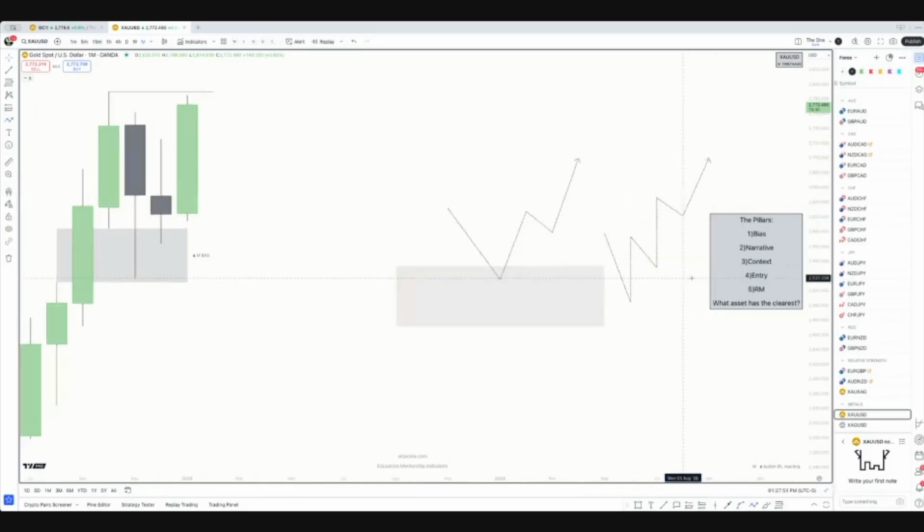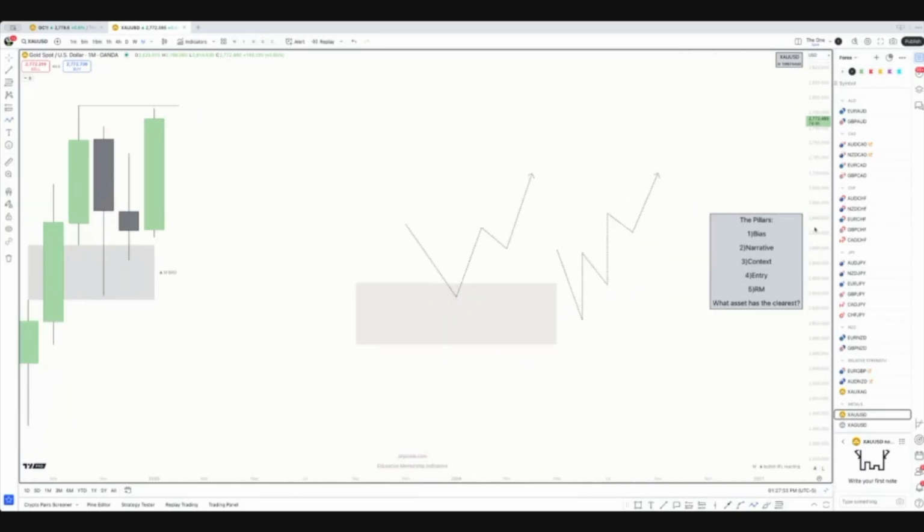What I would do is simply whichever forms first, I'm taking. There are scenarios where the 4-hour fair value gap doesn't form, but the 1-hour chain does. Or the 1-hour chain doesn't form, but the 4-hour gap does. So whichever forms first is my entry off of a weekly array.